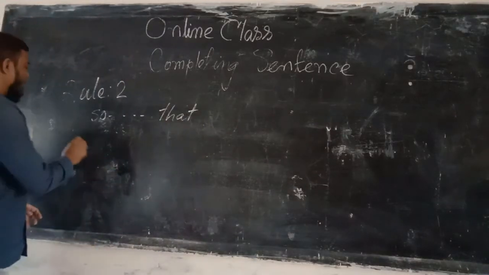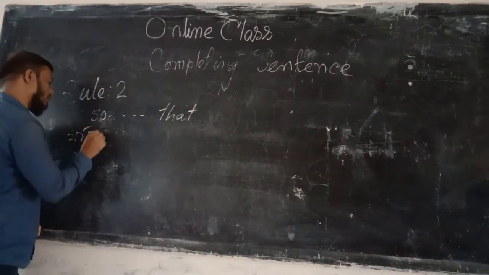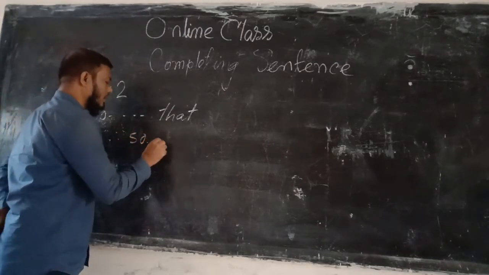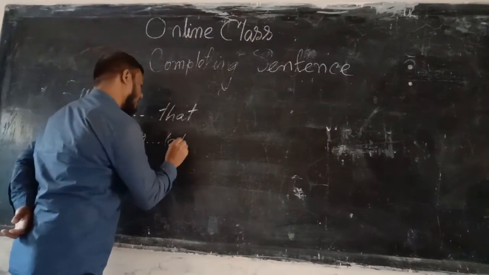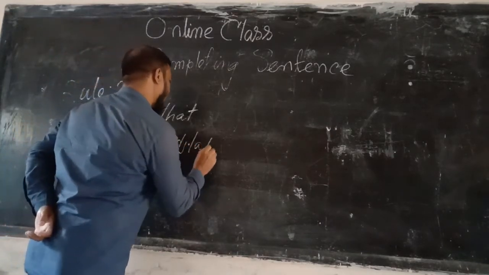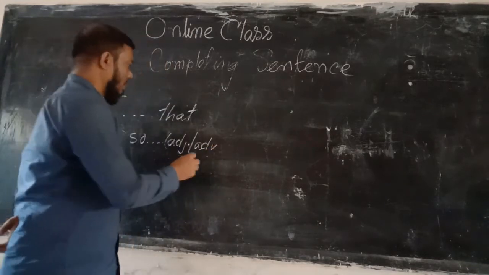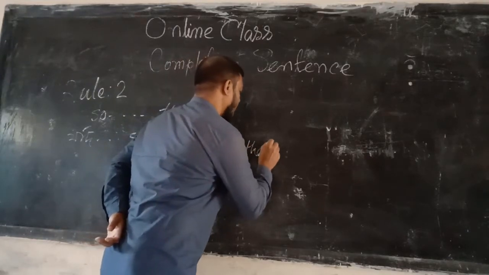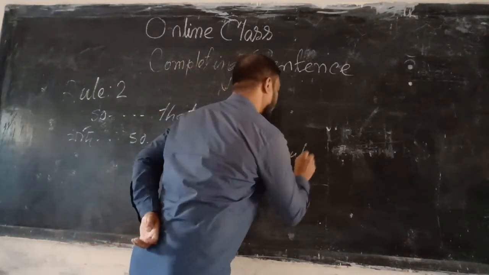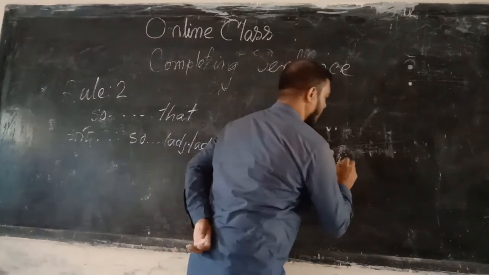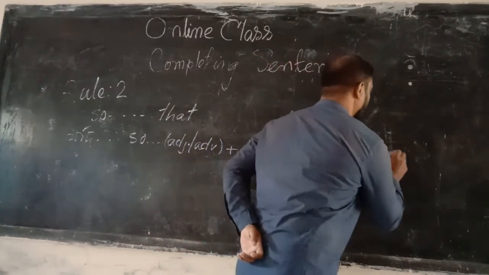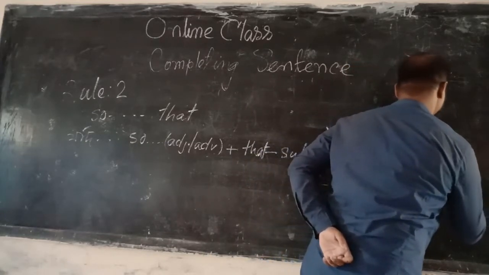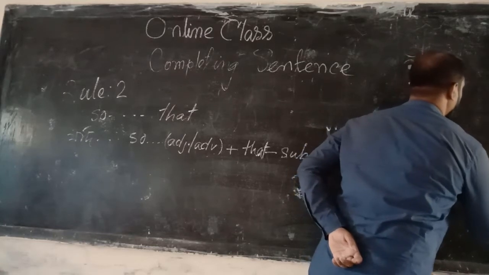That means if we find in the sentence "so" plus adjective or adverb, then we have to use "that" plus subject plus "cannot" or "could not" plus a meaningful verb.